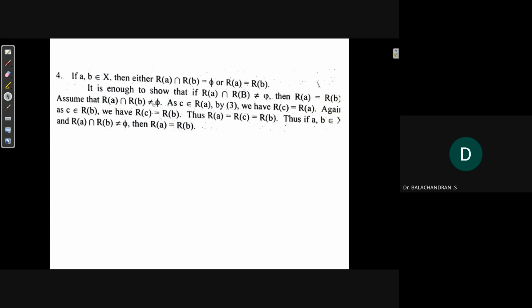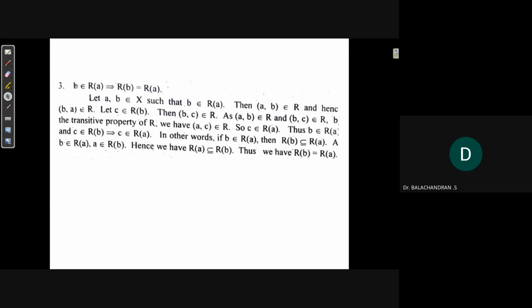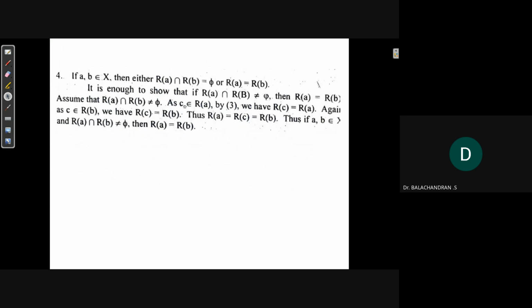I will take that element as C. So C is in R of A as well as C in R of B. C in R of A implies, from the previous property 3, if B belongs to R of A, now you can write R of B is the same as R of A. So similarly, if C belongs to R of A, then R of C equals R of A.